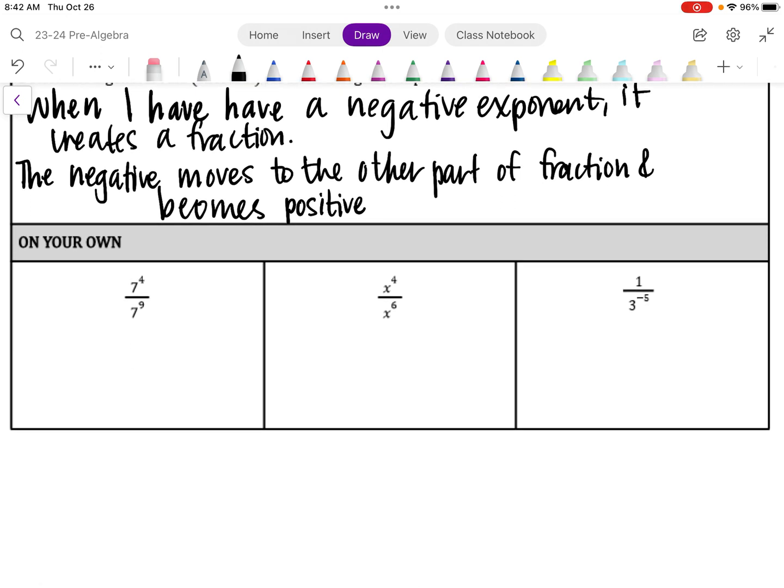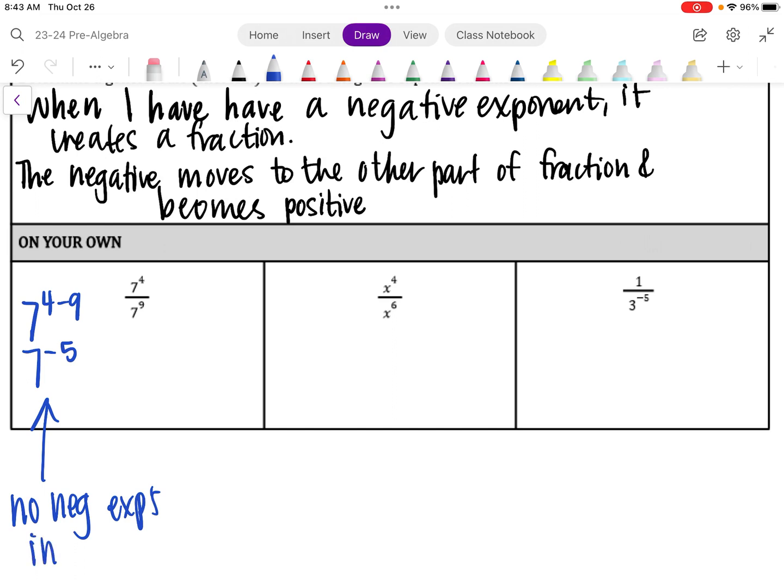Okay, so we can see that in these next 3 examples. Our first example, we've got 7 to the 4th over 7 to the 9th. So we're going to take 7 to the 4 minus 9, and that's going to give me 7 to the -5. So I'm not going to leave my answer. We want no negative exponents in our answers.